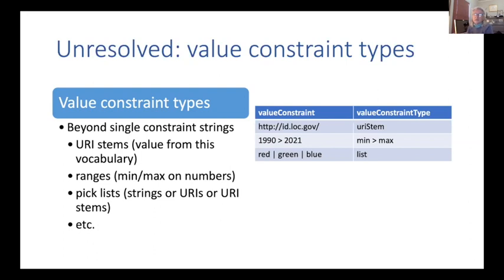So we'd love to gather from you examples of what you need and to see if we can fit that into this duo here of value constraints and value constraint types. And we know we won't be able to do everything, the more complex things, but we're heading for the 80 to 90% rule.